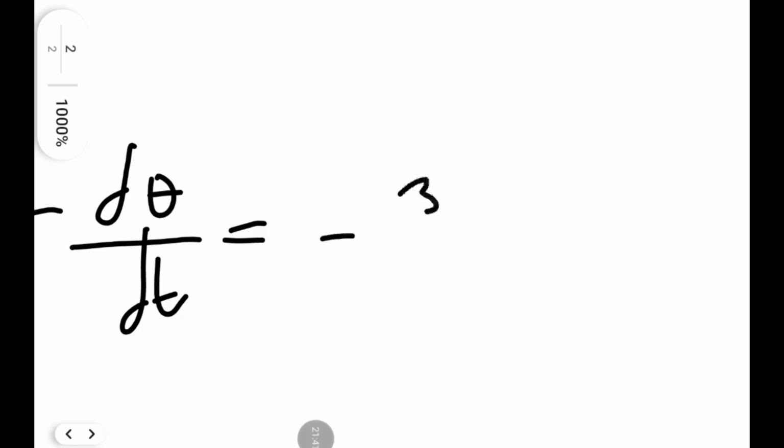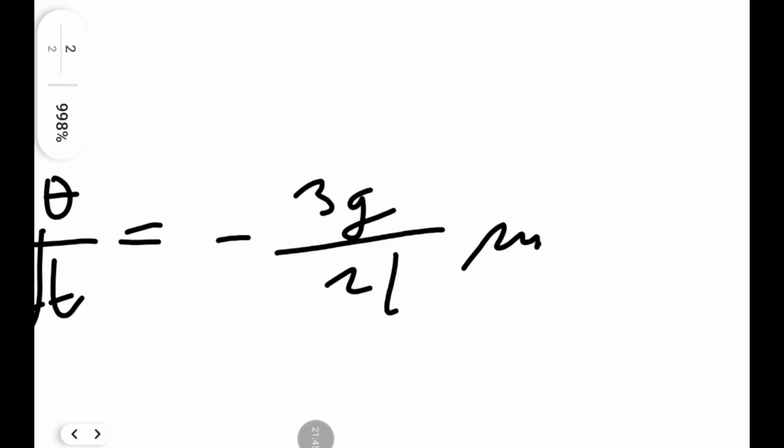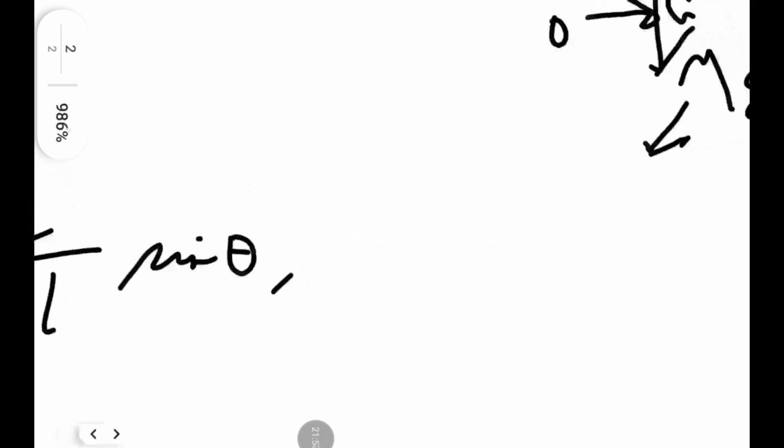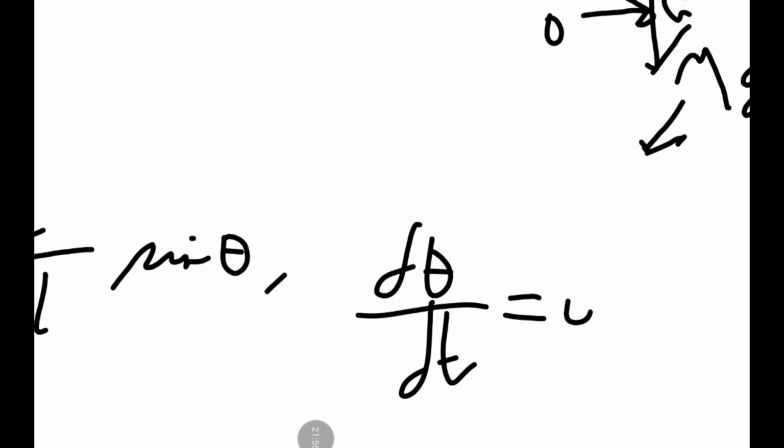minus 3g over 2l sine of theta. Now I'm going to give you another little trick. We know that d theta by dt is equal to theta dash.